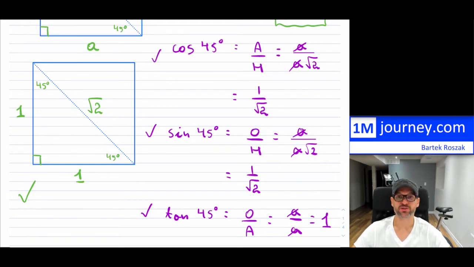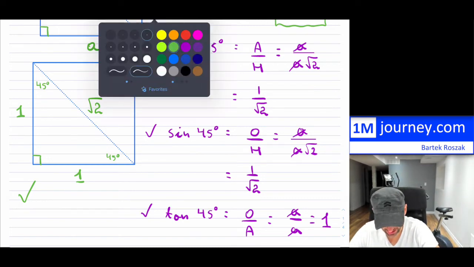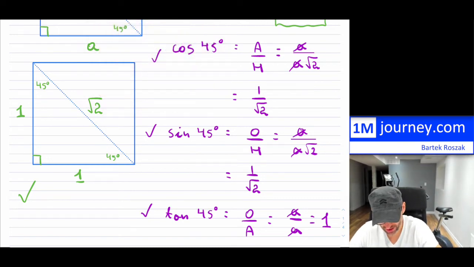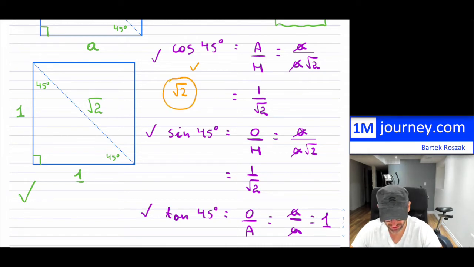Now, from these ratios, you can also find the secant, the cosecant, and also the cotangent, because those are simply the reciprocals. So for instance, if you wanted to find the secant, well, secant is just 1 over cos. That means the reciprocal is square root of 2 over 1, and there you have it. So this is your secant.